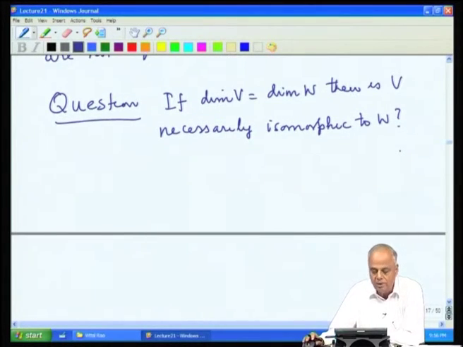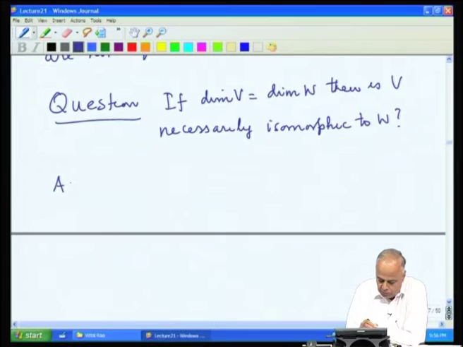Now, before we answer this question, let us look at a very simple property of such isomorphisms between two spaces of equal dimensions.